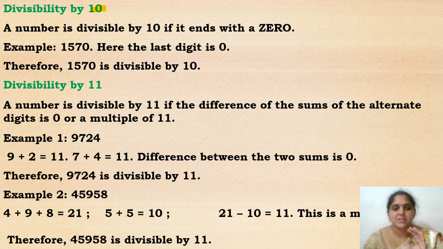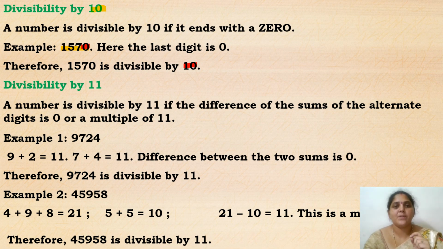So whenever you see any number ending with a 0, we consider that the number we have taken is divisible by 10. Example, I have taken my number 1570. So what is my ones place value? It is 0. So the number we have taken is divisible by 10.